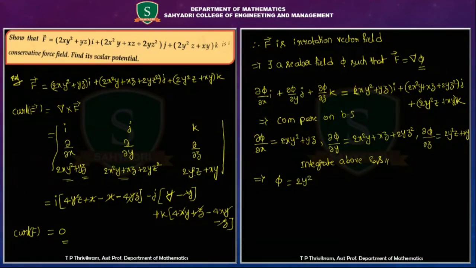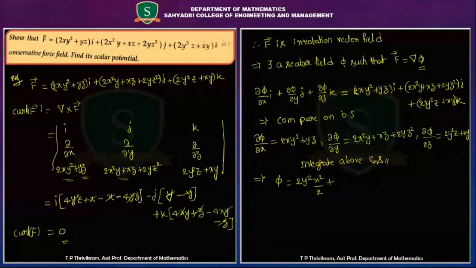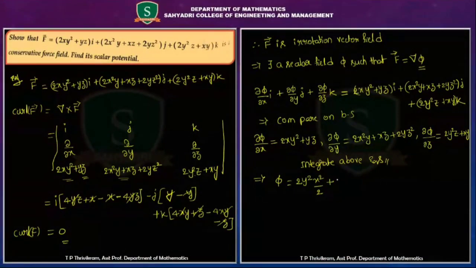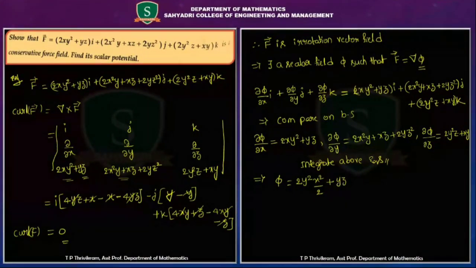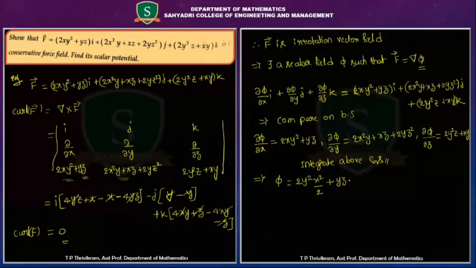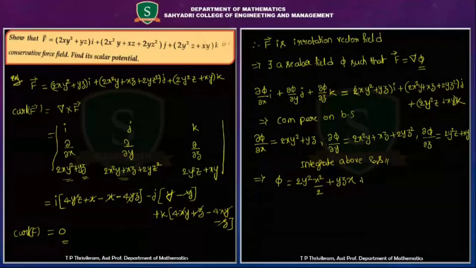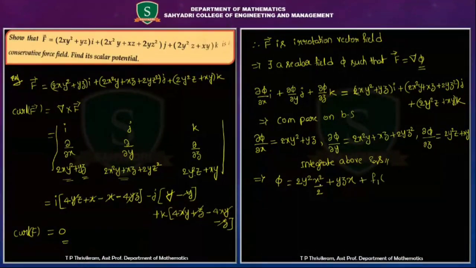You have to integrate x, so that means x square by 2, plus integration of yz. So you have to keep yz aside. Integration of 1 dx is x. Okay. Plus f1 of function in y comma z. You are taking it as constant, integrating constant.